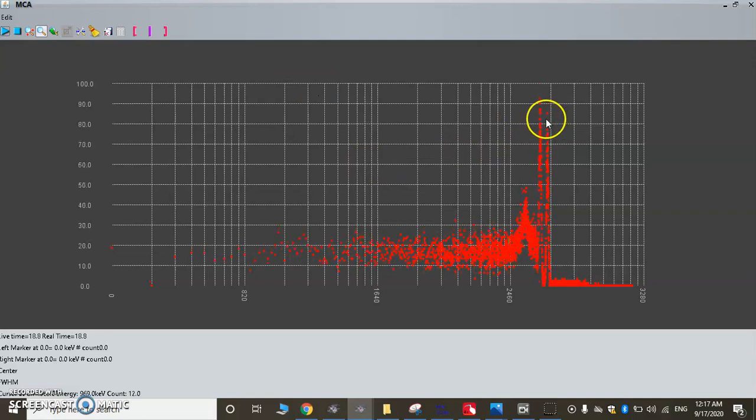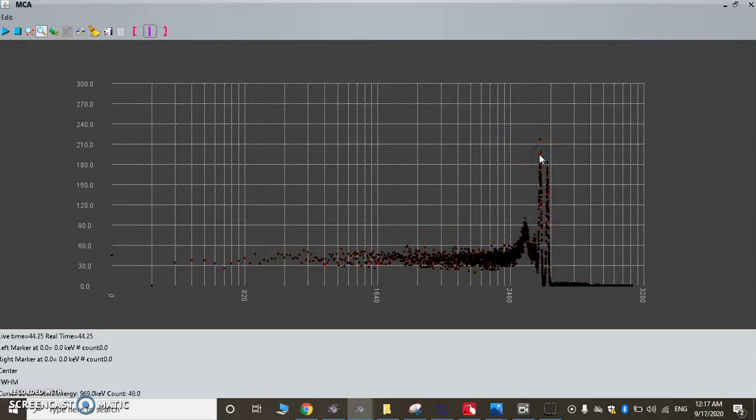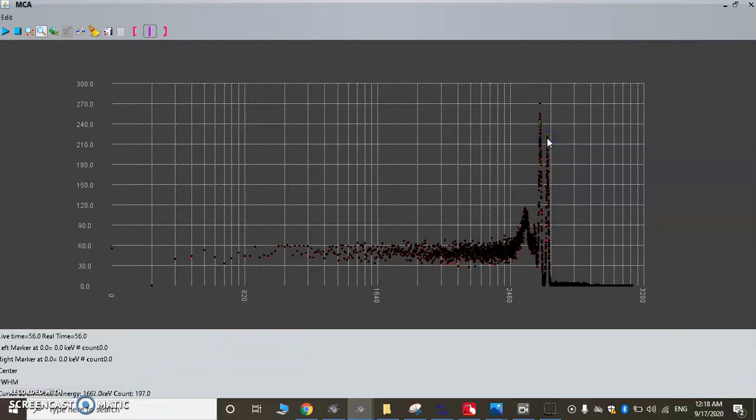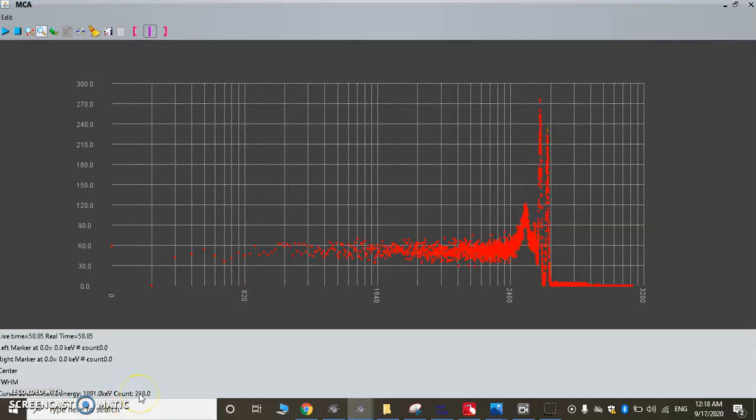We can clearly see the two peaks for cobalt 60: one is 1173 kiloelectronvolt and the other is 1332 kiloelectronvolt. So we can check the intensity, the counts, for different energy ranges. For this energy we have this much count, and for this energy we have this much count.